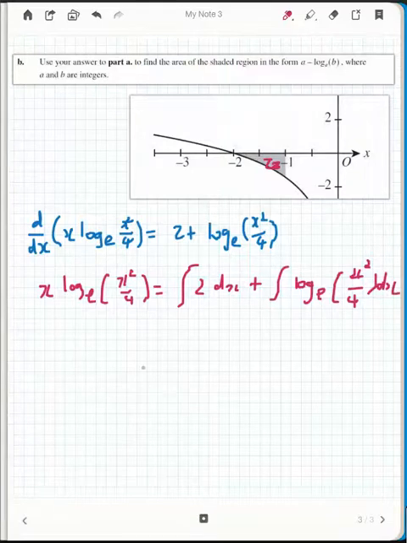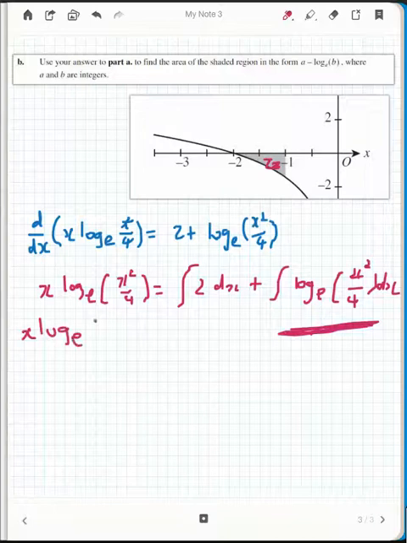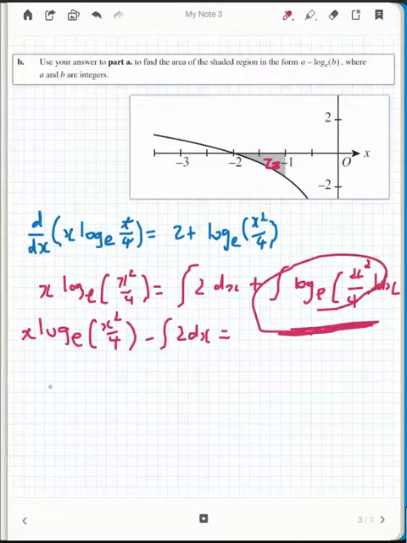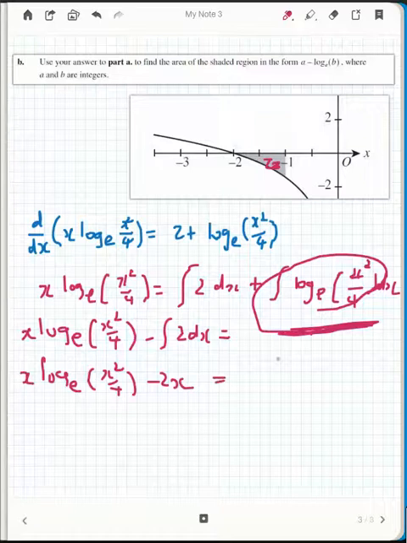Now, this integral here is going to be this. So, x log base e of x squared on 4 minus the integral of 2 dx should equal this, which means x log base e of x squared on 4 minus 2x should equal that.